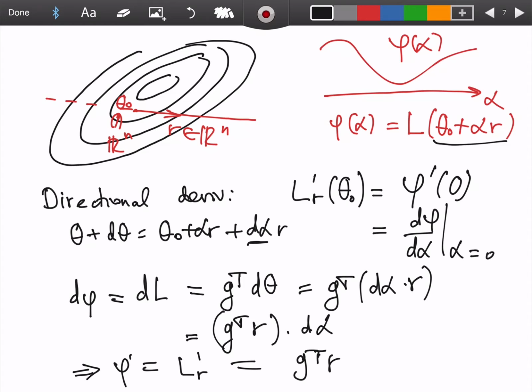So the gradient contains the information about directional derivatives in every direction. You just need to project it onto the appropriate direction. And we will see that there are directions along which the function decreases, and these are called descent directions, and there are other directions along which the function increases. To do minimization, as you will see in the video, you need to go along descent directions.